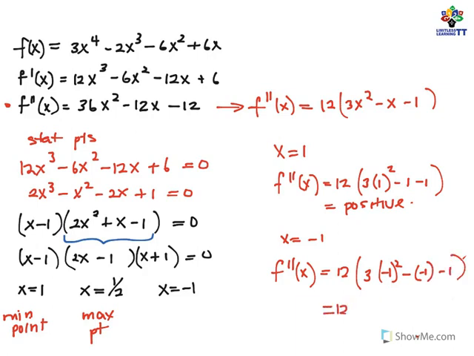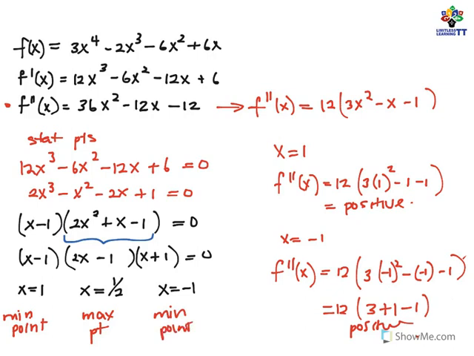Right, so this is 12 into negative 1 squared is 1 times 3 is 3. 3 minus a negative number becomes plus 1, which is 4. 4 minus 1 becomes positive. 12 times a positive number is positive. So that means that this is a minimum point.